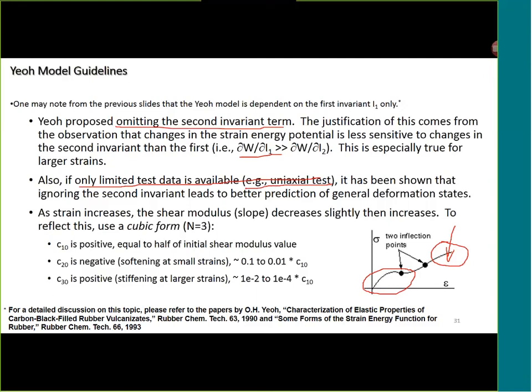You don't have other test data, only one test. This works really well. And when you are using a 3-parameter Yeoh model, there will be 3 constants. C10 is positive; it captures the initial response in this region. If C20 is negative, then it captures the softening behavior in your stress-strain curve. Again, C30 is positive, and it captures the hardening behavior of your stress-strain curve.